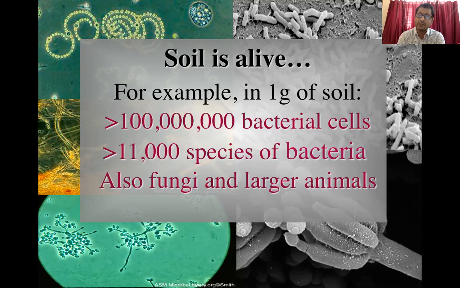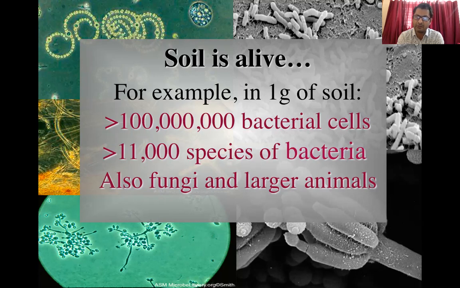So when we try to understand the culturable diversity, we know that the estimation of the bacterial species or bacterial cells present in the soil is very underestimated, and that's why we use unculturable techniques or next generation sequencing.